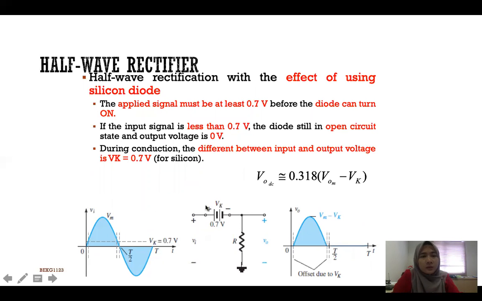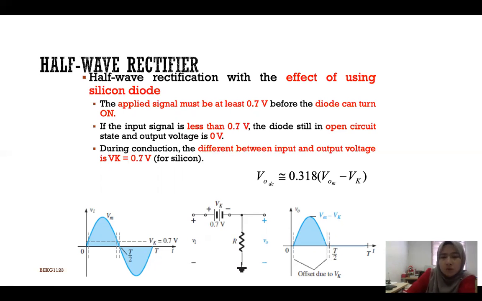The applied signal must be at least 0.7 volt before the diode can turn on. If the input is less than 0.7 volt, the diode is still an open circuit and the output voltage is 0. During conduction, the difference between input and output voltage is Vk, the knee voltage, 0.7 volt.